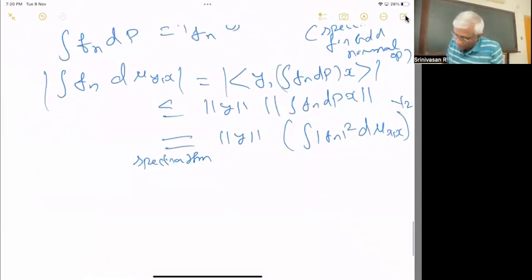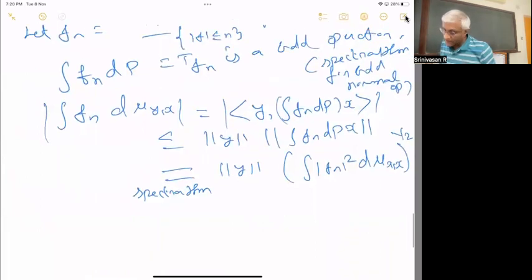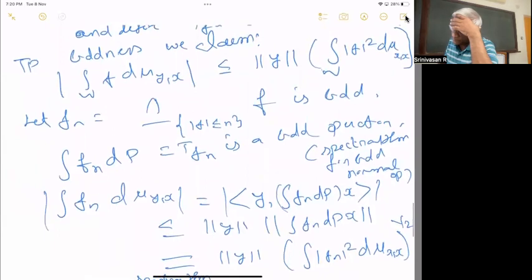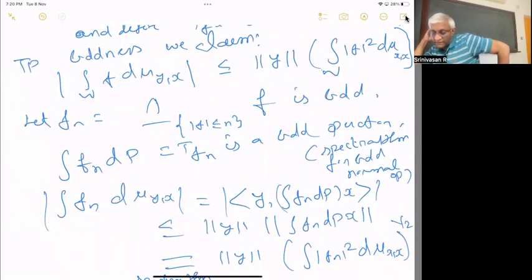So from these things, now we know that, on both sides, it is just an integral. You can just take the limits.